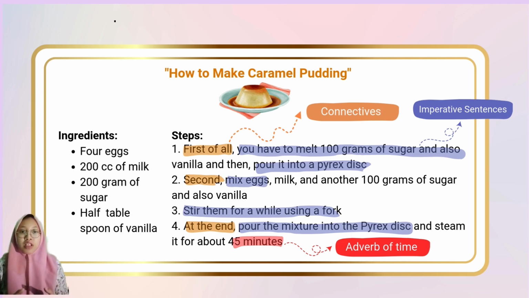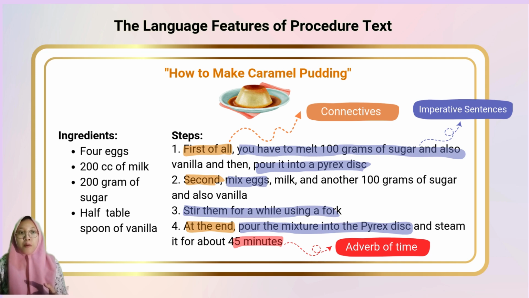For example, in the procedure how to make caramel pudding, the step there are 4. The first, second, at the end, this is a connective in the procedure, and then You have to melt 100 grams of sugar and then mix eggs and then stir them for a while using a fork and then pour the mixture into Pyrex.